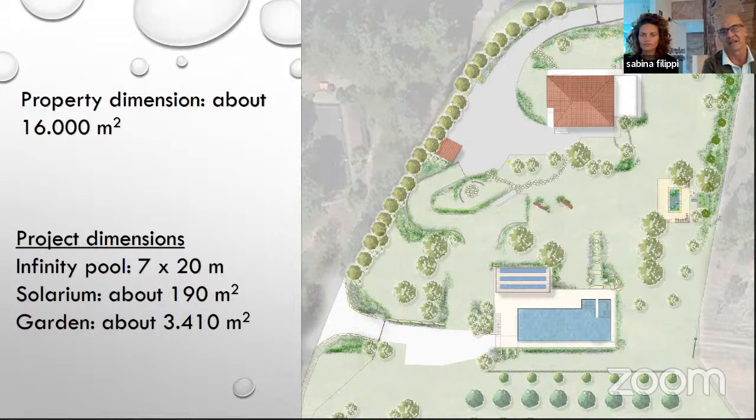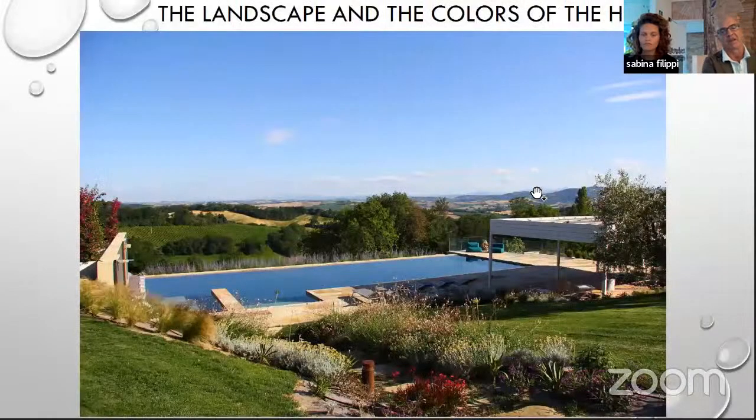The Marche district is known because it shows a lot of hills that roll endlessly until the sea. So we have inspired our work looking at the hills, the colors of the environment, and all the things you can look at in this picture.